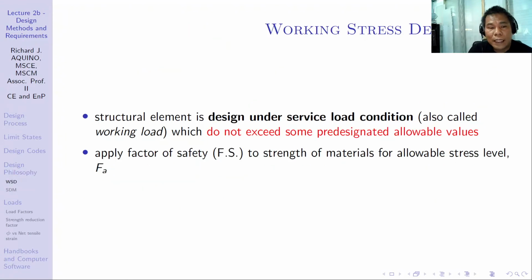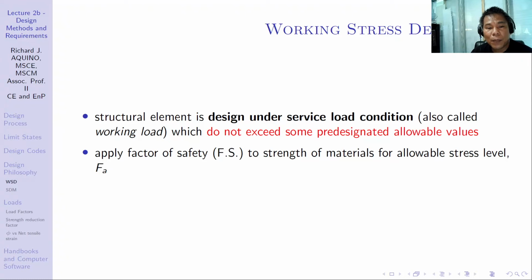For the working stress design, the structural element is designed under service load condition. What does it mean? The actual load or the working load should not exceed some pre-designated allowable values.